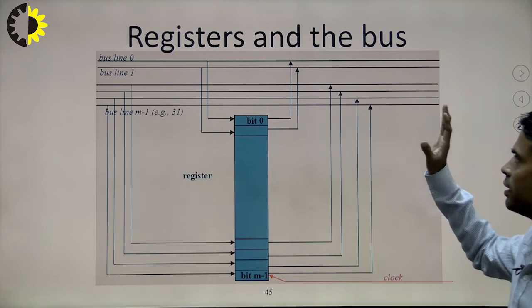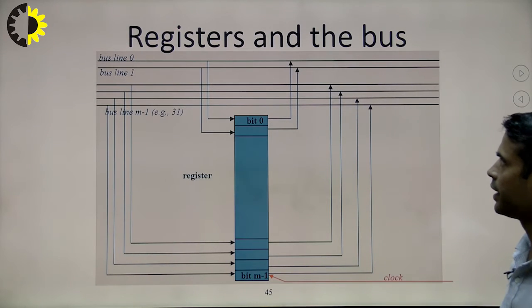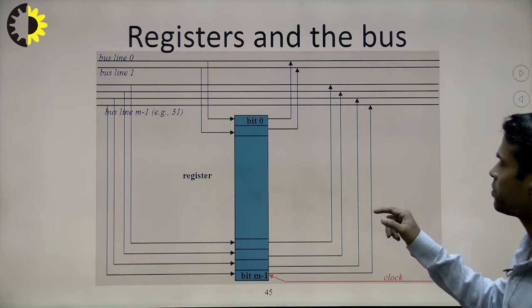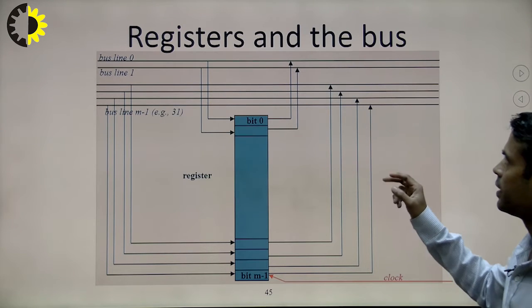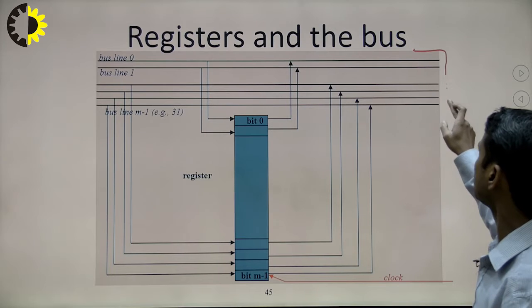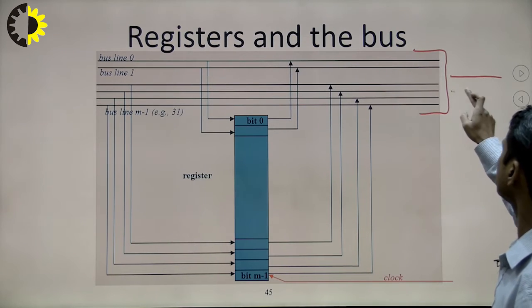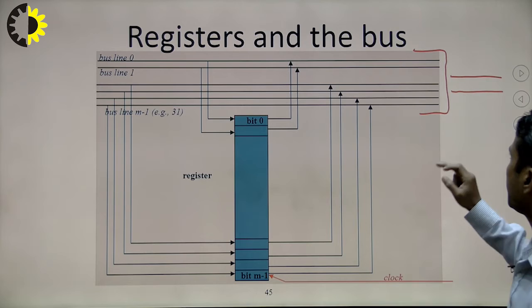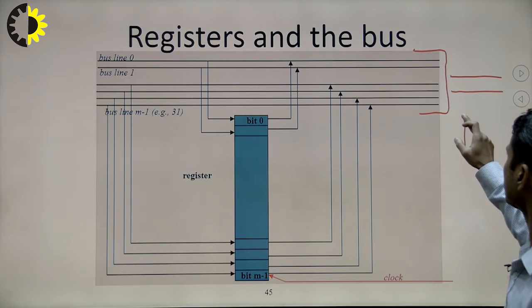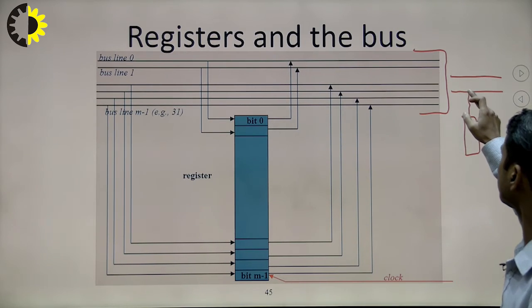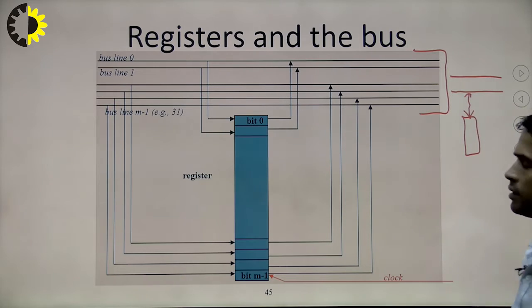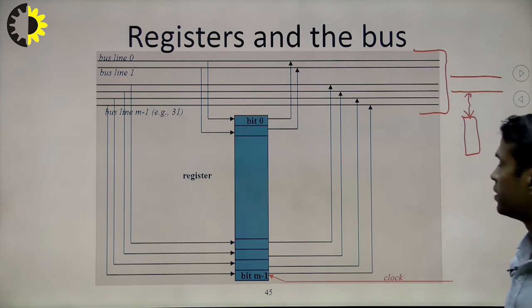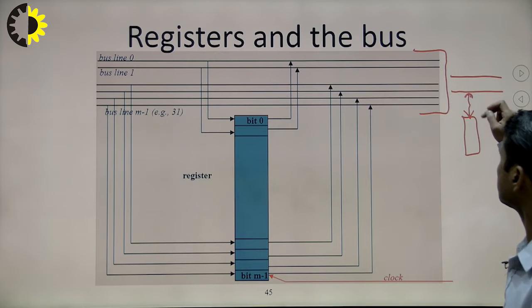Now, if we dig down in detail with respect to the previous slide, this is a bus line that was shown like this earlier, and there is a register which was shown like this and connected by a single arrow which is bidirectional.